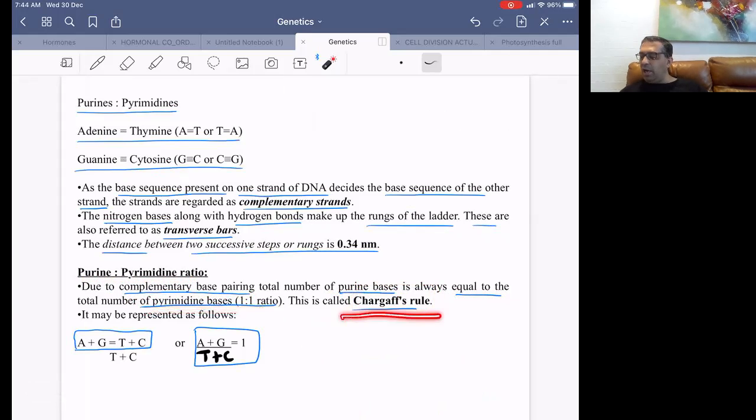A plus G equals T plus C. In other words, A plus G upon T plus C is always 1. That is called Chargaff's rule.